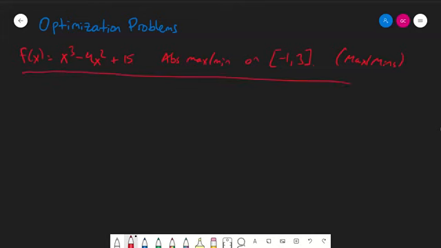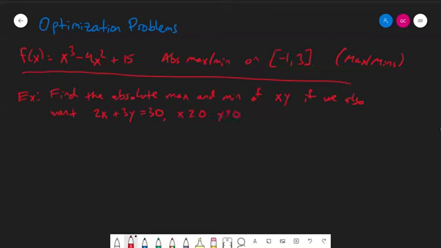And maybe let me just lead with an example. So let's say we want to find the absolute maximum and minimum of the function x times y, if we also want 2x plus 3y equal to 30 with x and y both greater than or equal to 0.